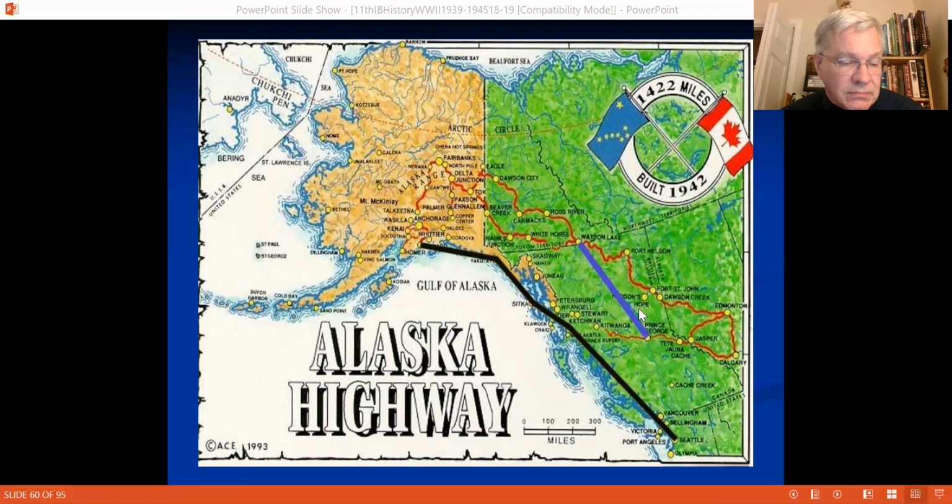And on the West Coast, you can see right here, the Alaska Highway, a major construction project, was started and completed during World War II to connect the western United States, Idaho, Montana, and so forth, through Canada and up to Alaska for strategic purposes.